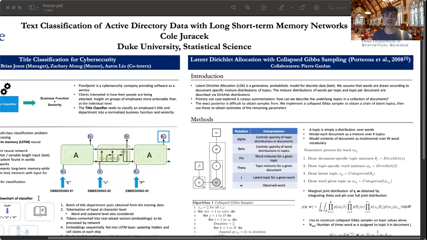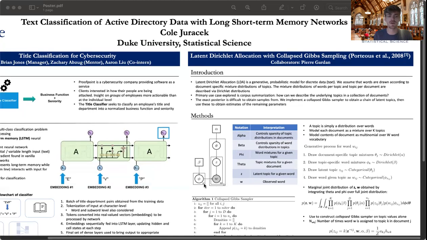In LDA, when we refer to a topic, this is simply a distribution over words in our vocabulary. To get a sense of what a topic is about, we look at the words in a topic that have high probability, and hopefully these words are related to each other in some meaningful way. These topics are described by the K phi vectors in the bottom left of the plate notation.